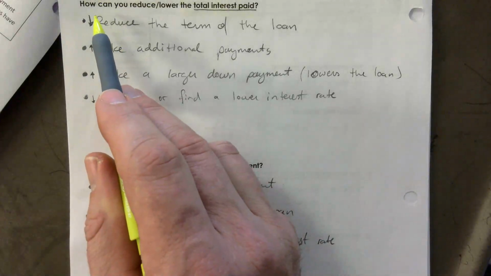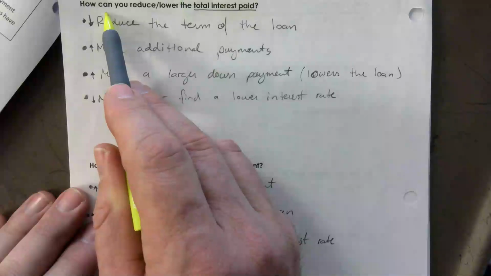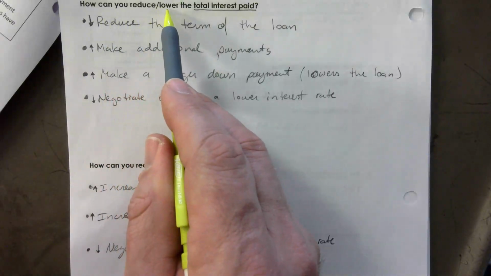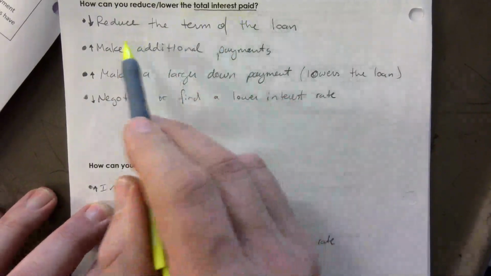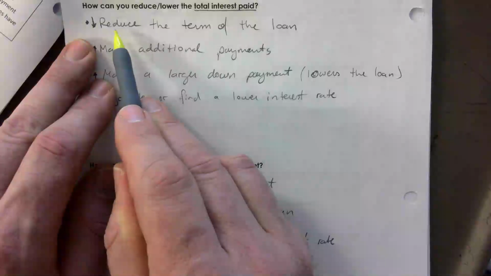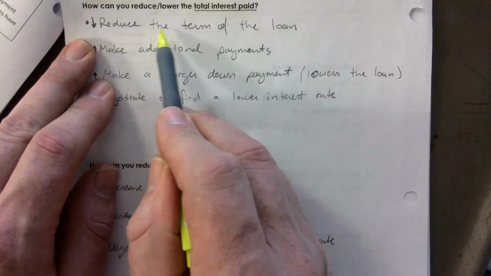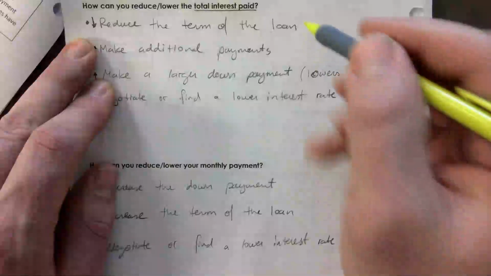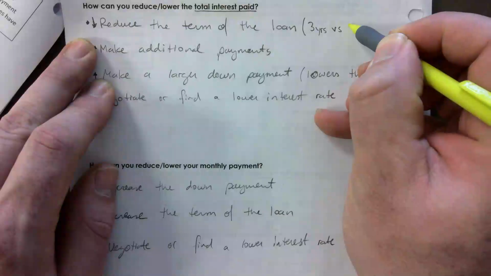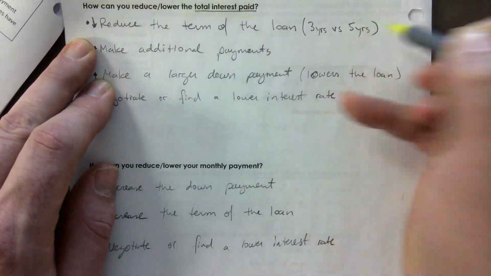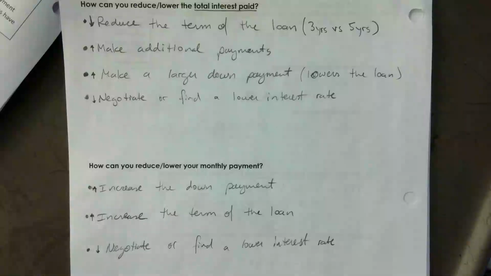If the province asks you how you can reduce or lower the total interest that you will have paid, one of the ways is to reduce the term of the loan. So you go 3 years versus 5 years. You tell your bank, no, I don't want a 5-year loan, I want a 3-year loan.